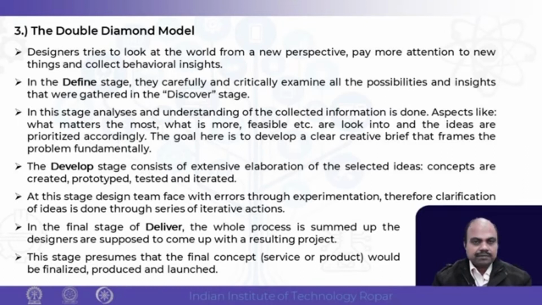When the develop phase is completed, we are going to go to the deliver phase. So the deliver phase is basically, again, as I told, the converging phase, where the whole process is summed up, and designers are supposed to come up with a resulting project, and this stage presumes the final concept will be finalized, produced and launched.